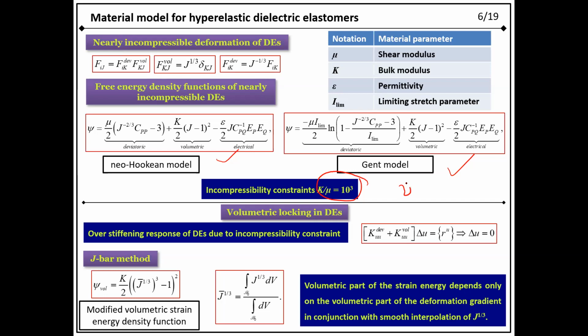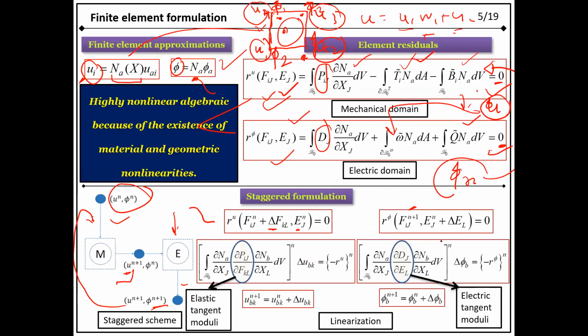if we talk about nu equal to 0.5, that is Poisson's ratio, when it is 0.5 the bulk modulus is infinite. It means that in the strain energy function and the corresponding finite element equations, there will be a term K, the bulk modulus, involved.